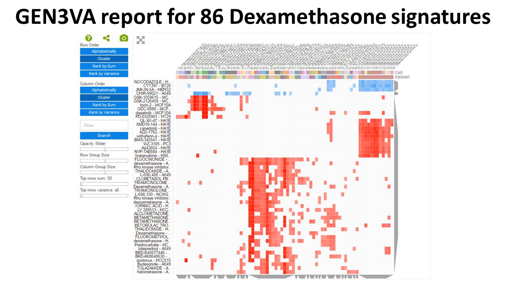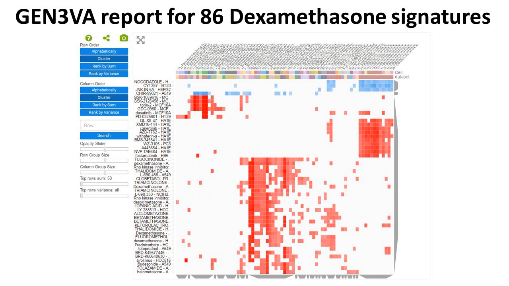We can also identify small molecules that are potential mimickers of dexamethasone. For example, we see some BRD compounds that have no known function, and those could be potential drugs that could be developed as steroid anti-inflammatory alternatives for dexamethasone, which is known to have a lot of side effects.